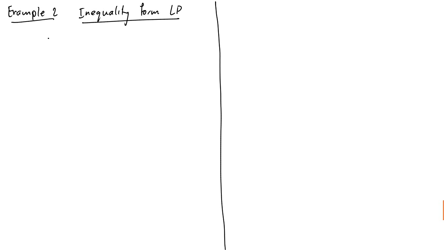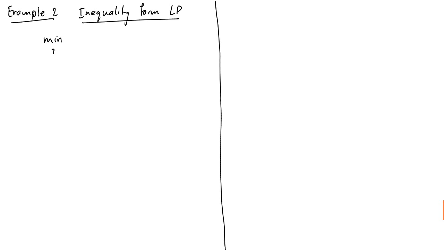We're going to do another one. So we've just done standard form linear programs. Now we're going to do inequality ones. Inequality form LP. Okay, so this one looks like this.